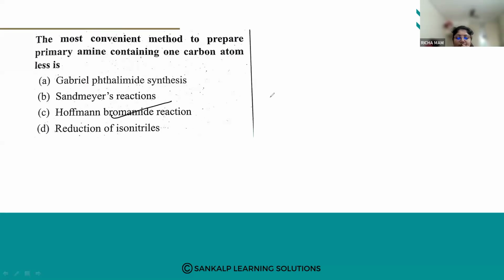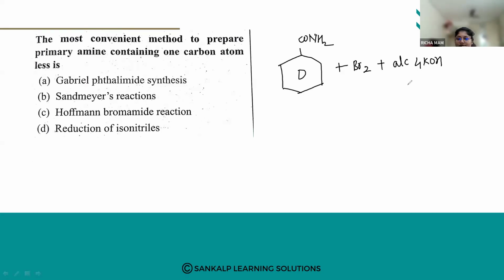So in the Hoffmann bromamide degradation reaction, suppose I have a benzamide, C6H5CONH2. I react this benzamide with bromine and alcoholic potassium hydroxide.